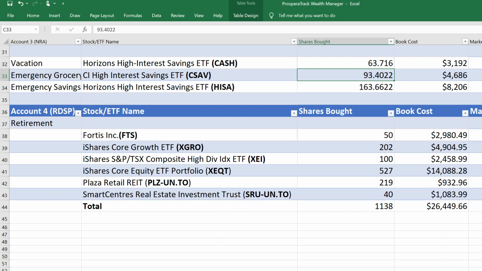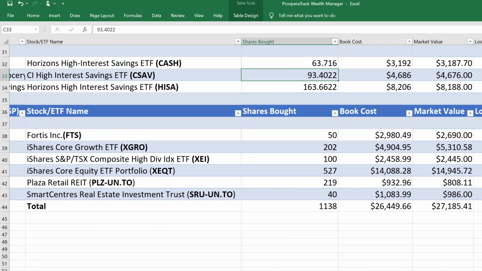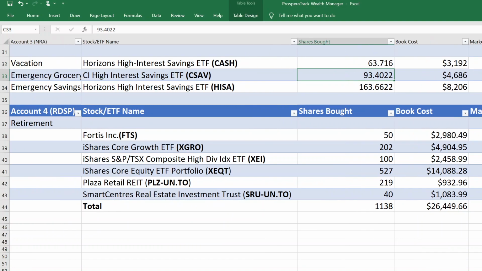As you can see, I currently own about 202 shares of Xgrow, valued at the time that I bought it at 4,904, and it's currently valued at 5,310, which means I'm up about 405.63.